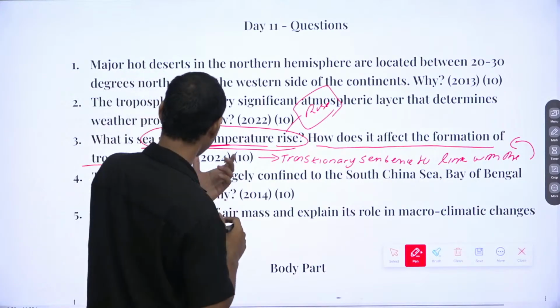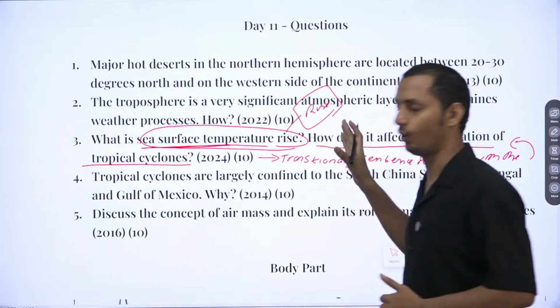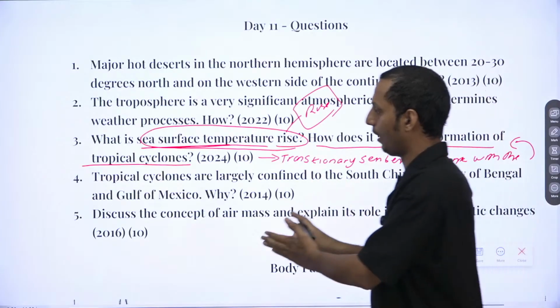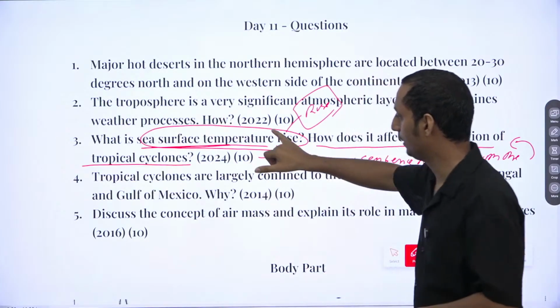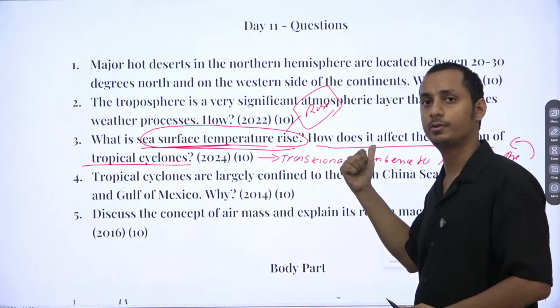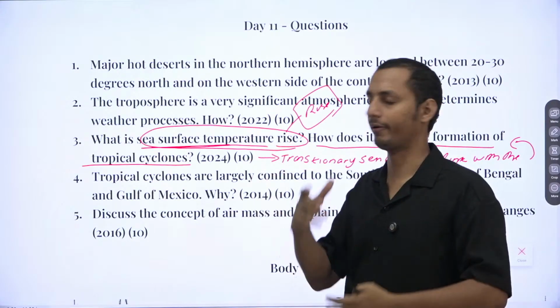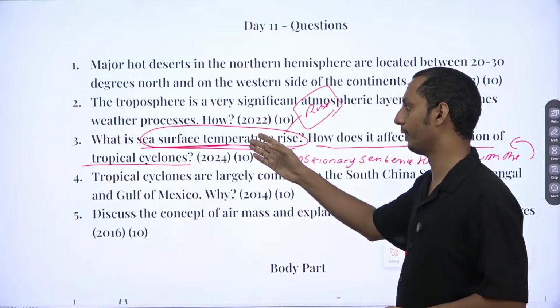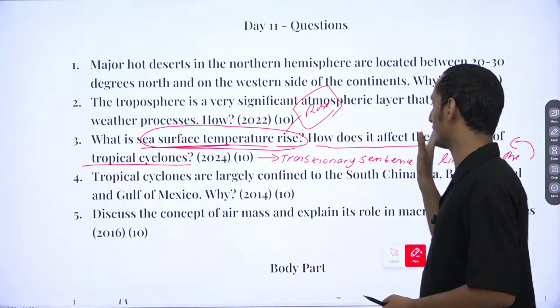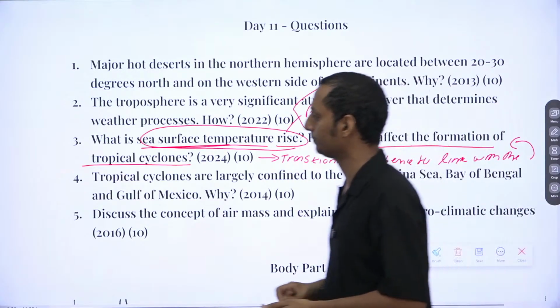Also, in this case, draw a diagram which shows how the sea level temperature contributes to the formation of tropical cyclones. You can mention the evaporation, condensation, and all these different factors, right? So try to draw a diagram, and also mention how it affects the formation of tropical cyclones.